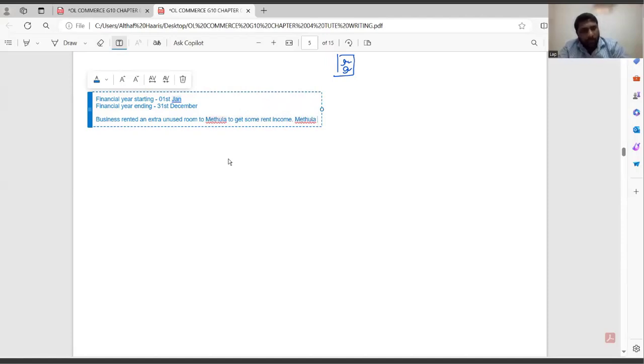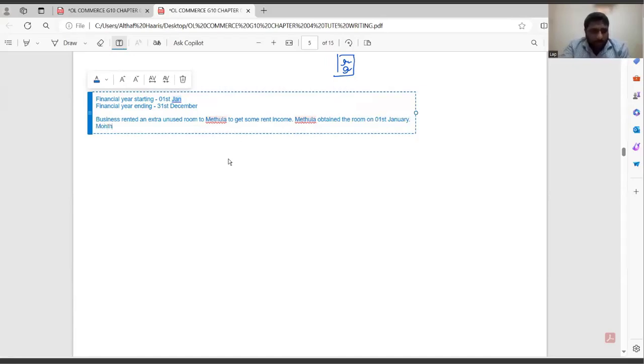Methula obtained the room on 1st January. Monthly rent is rupees 10,000. Methula used the room for the entire year.